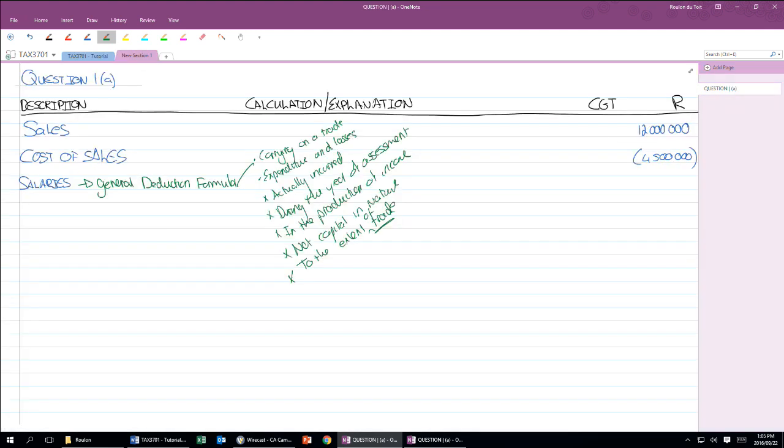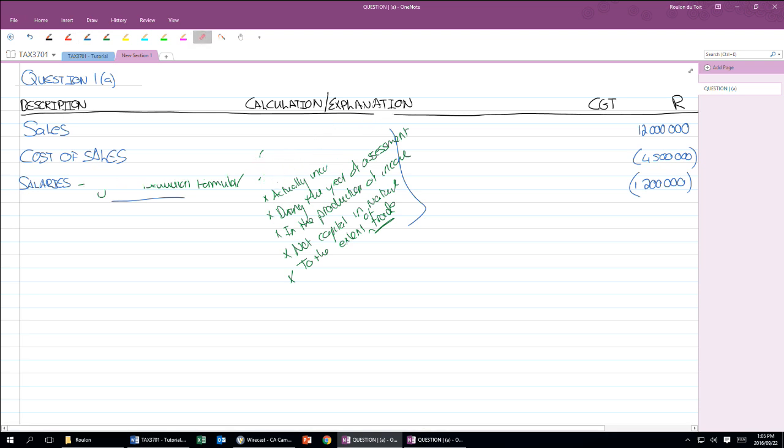So 1.2 million rands for salaries will be allowed as a deduction. Also, before I move on, please remember that the general deduction formula can easily be a discussion question in your exam.